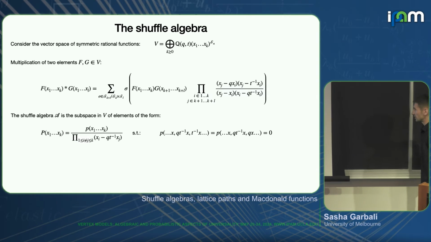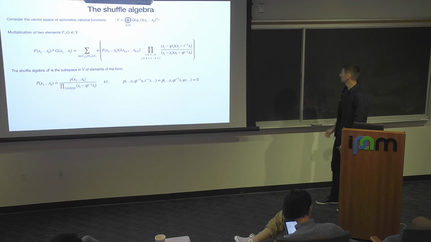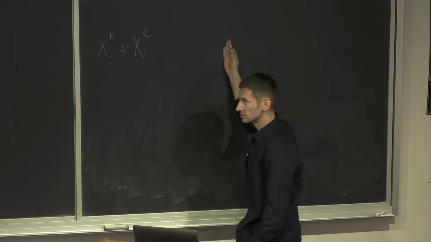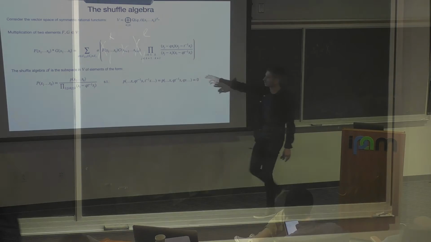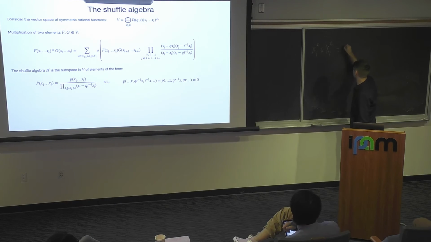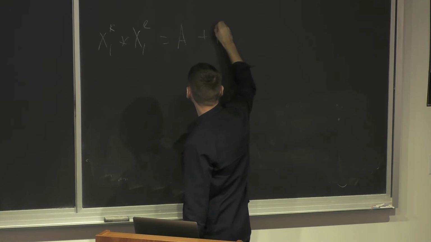And in order to appreciate that this is actually a non-trivial product, you can take x1 to the power k star x1 to the power l, and calculate it. So this will be given by two terms, with the term a plus b.